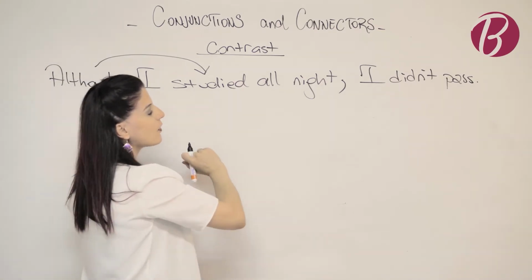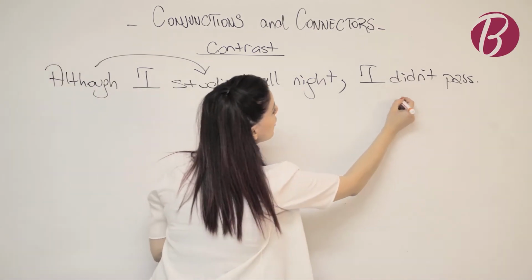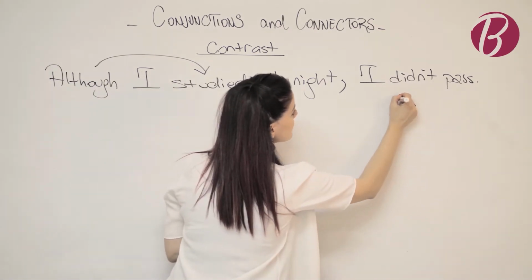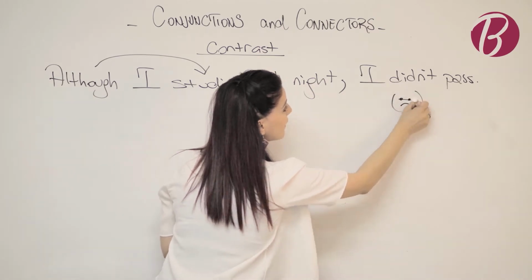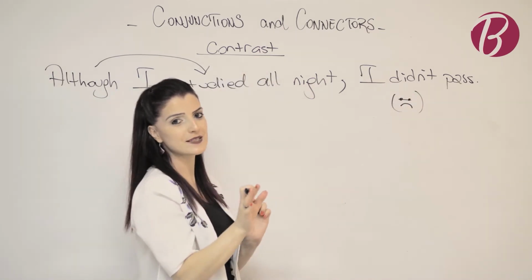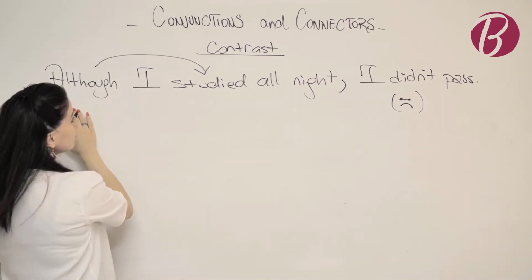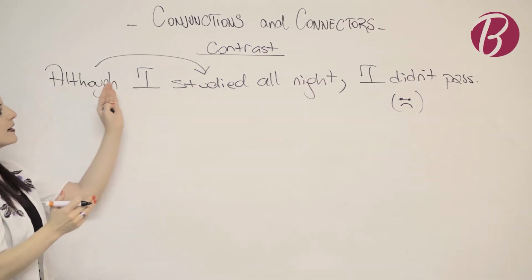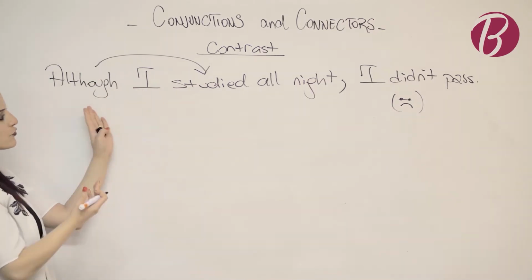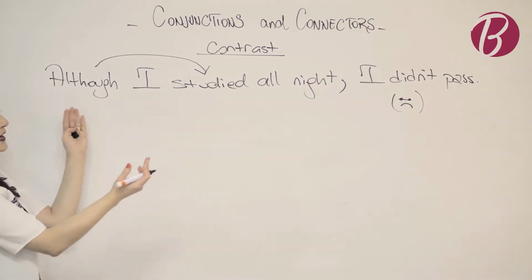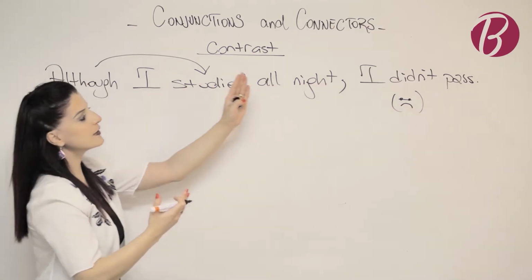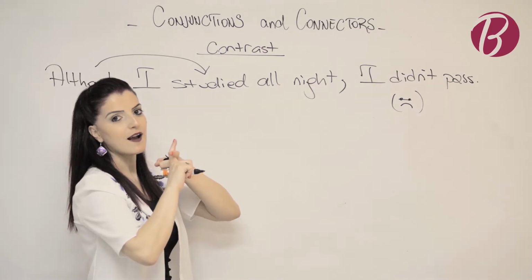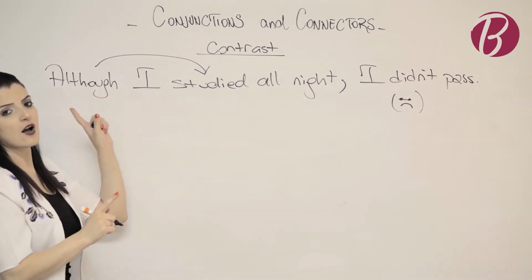Although I studied all night, unfortunately at the moment you are unhappy because you didn't pass your exam. Although makes and creates contrast, and you can combine two different opposite ideas by using although.